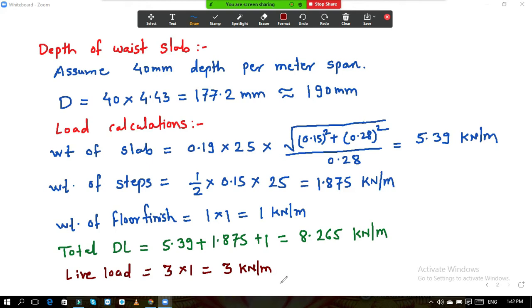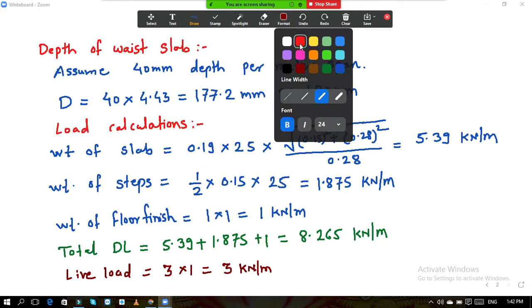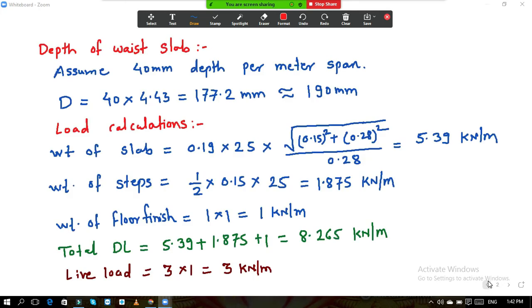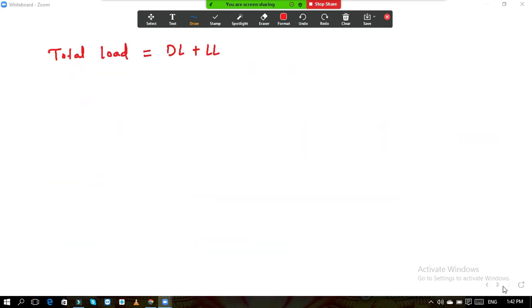Then calculate the total load, that is dead load plus live load. So the total load is equal to 8.265 plus 3. How much is it?